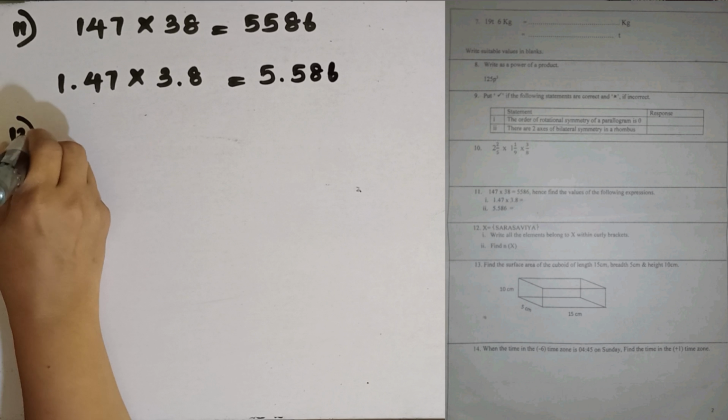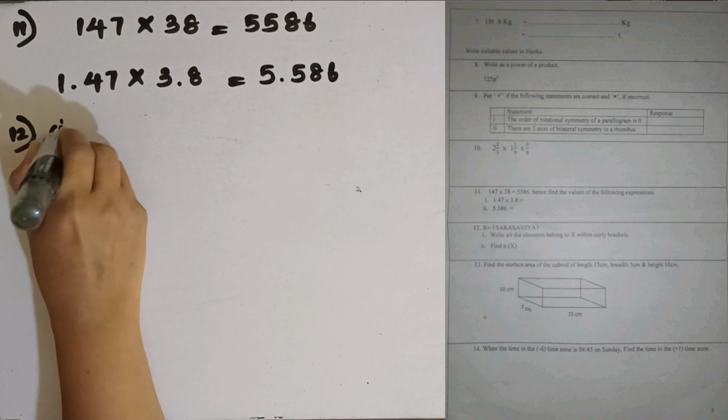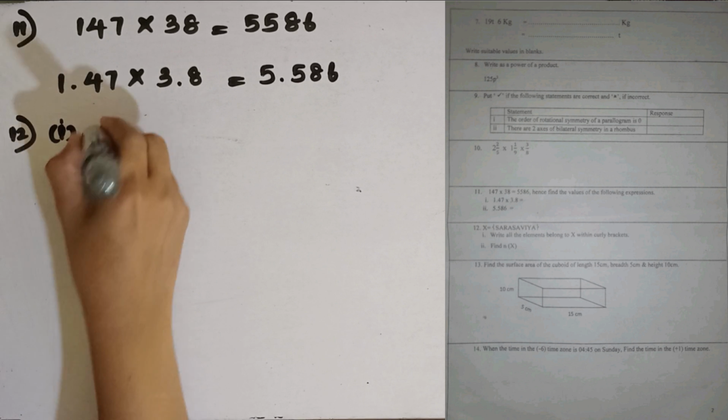Question number 12. We are given a set as the set x is equal to Sarasaviya. Then in part 1, write all the elements belonging to x within curly brackets.